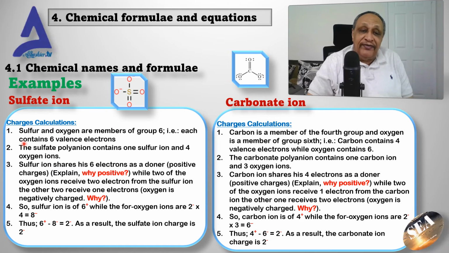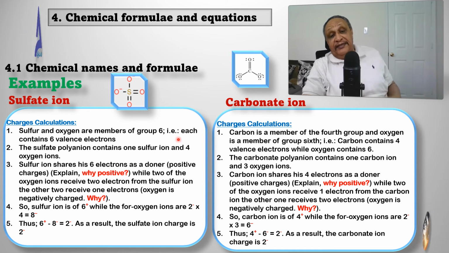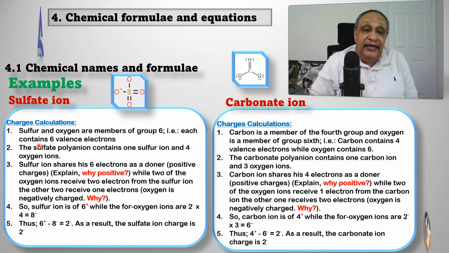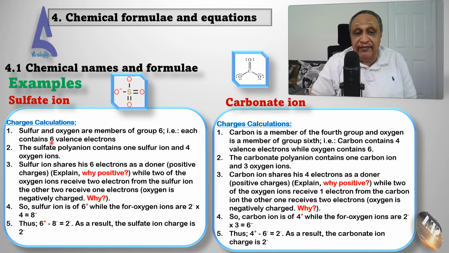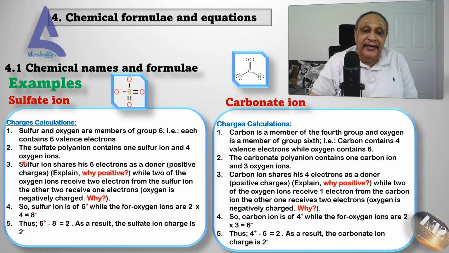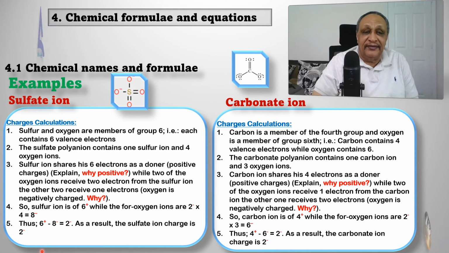So sulfur and oxygen are members of group 6. So we use the periodic table. Each of them contains 6 valence electrons. The sulfate polyanion contains one sulfur ion and 4 oxygen ions. Those are 4 oxygen ions.